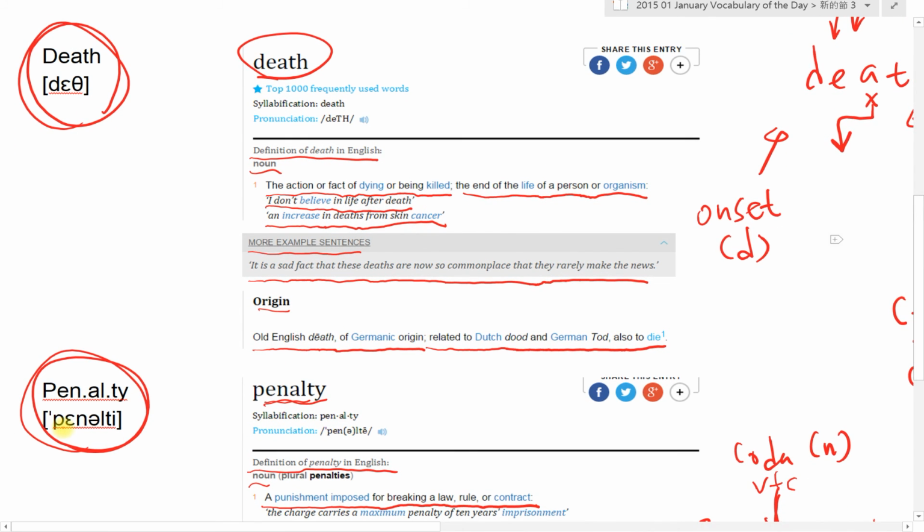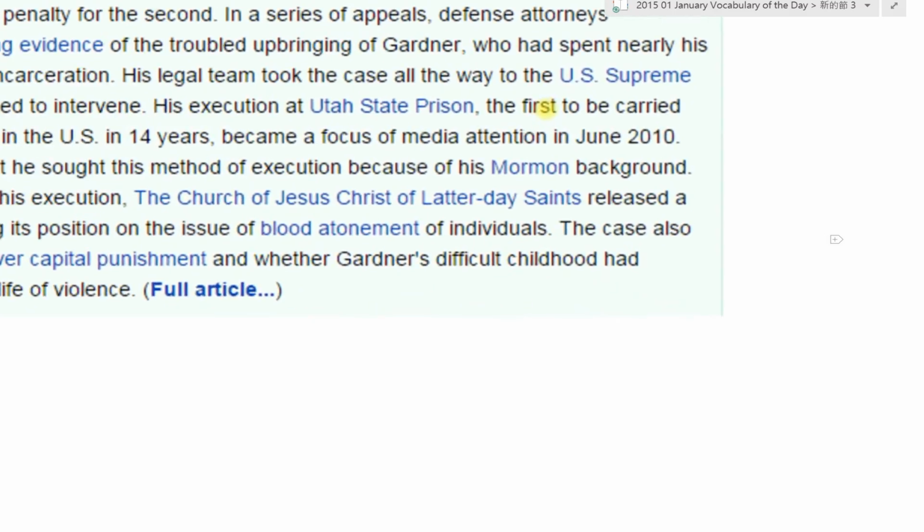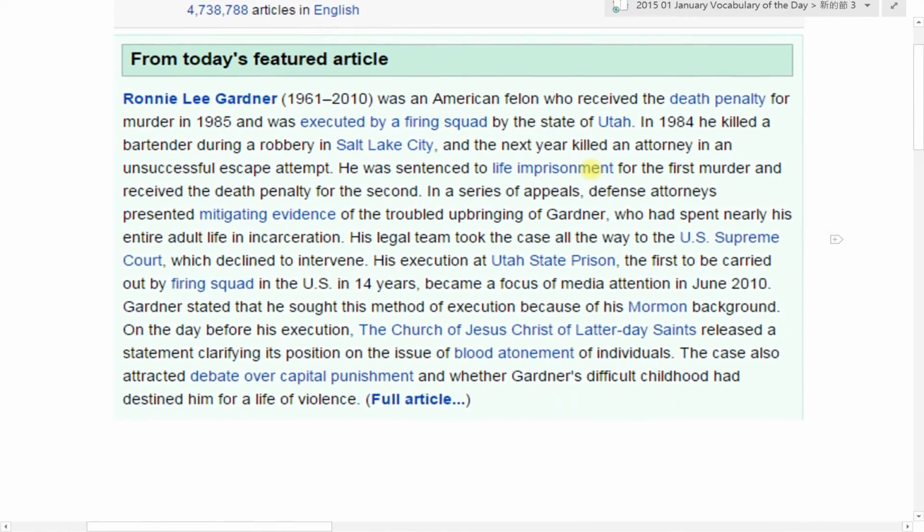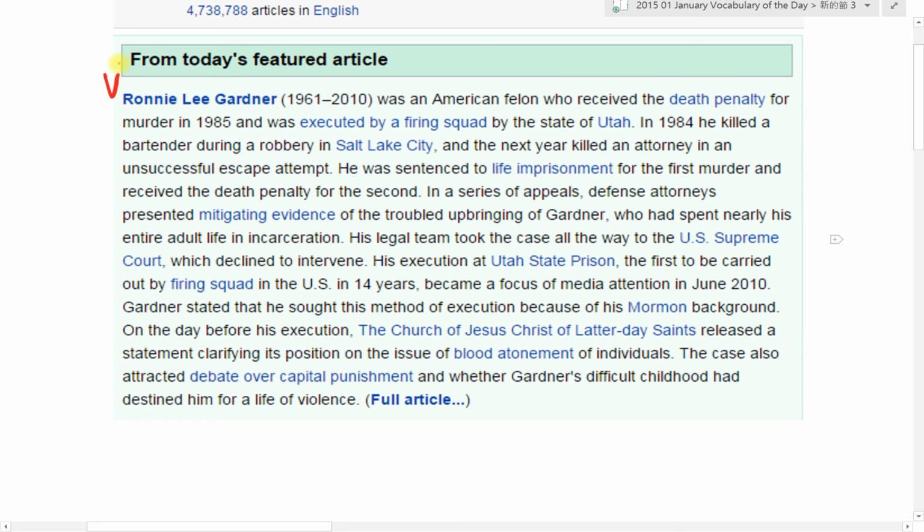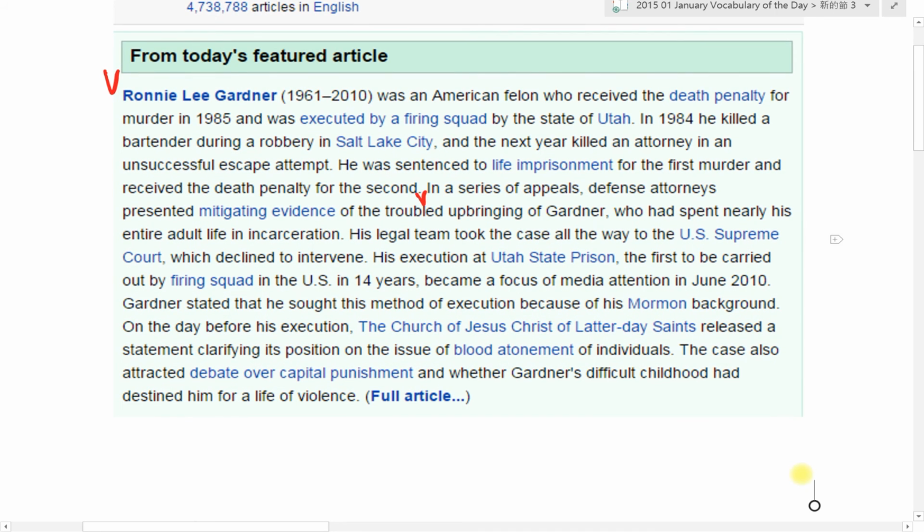好的，我们来看，今天是讲到一个犯人的故事，你只要打 Ronnie Lee Gardner 就可以找到这个文章。Ronnie Lee Gardner, 1961 to 2010, was an American felon who received the death penalty for murder in 1985 and was executed by a firing squad by the state of Utah.